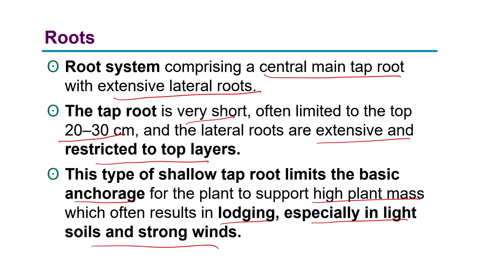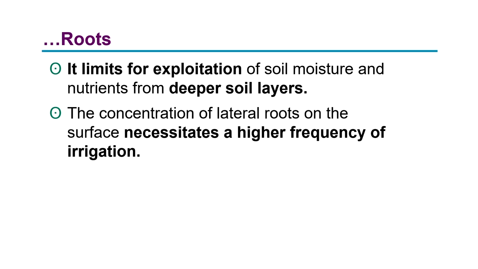Lodging can happen due to winds. It also limits exploitation of soil moisture and nutrients from deeper soil layers. This is yet another limitation of shallower roots. The concentration of lateral roots on the surface necessitates a higher frequency of irrigation, because roots cannot go deeper to extract the soil moisture.